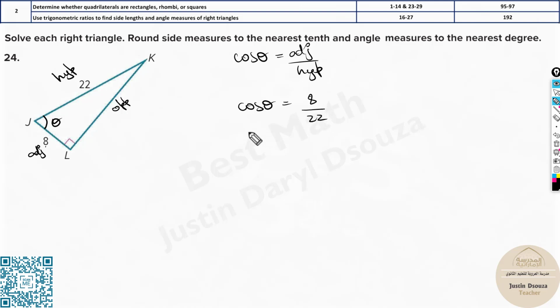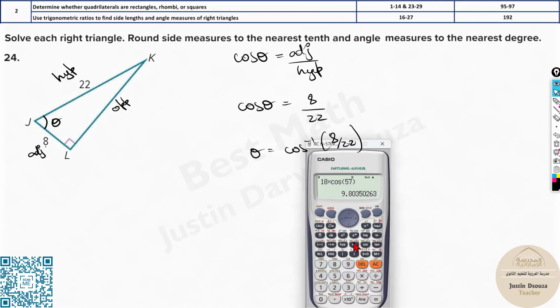We had solved similar problems, isn't it? So theta will be cos inverse of 8 by 22. You just put this in the calculator and find theta. Here it's cos inverse of 8 divided by 22. And the answer would be 68 point, nearest tenth would be 68.7.